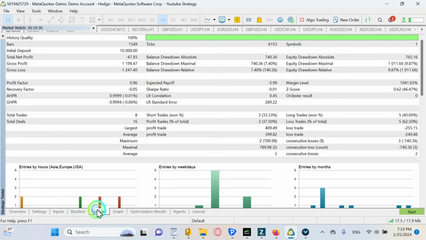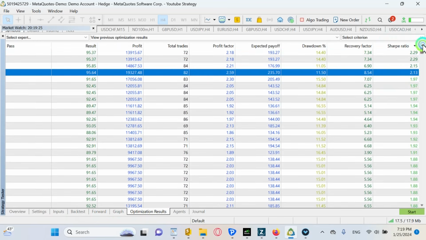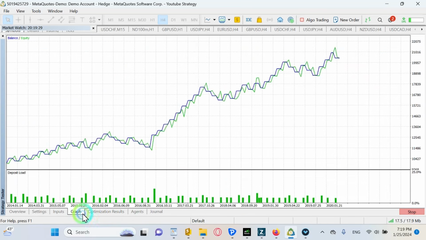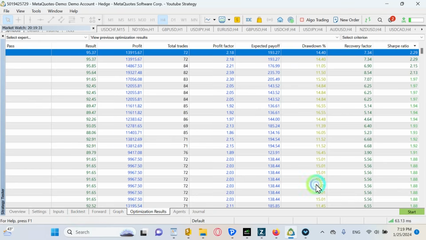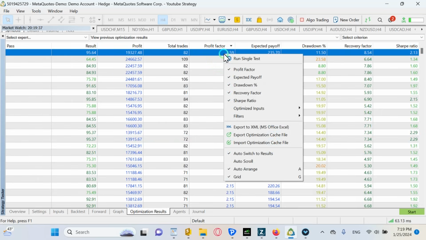Not bad, not good either. The Sharpe ratio, let's see. Oh, it was actually almost the highest Sharpe ratio. Yeah, so let's just see. Yeah, it is the same.